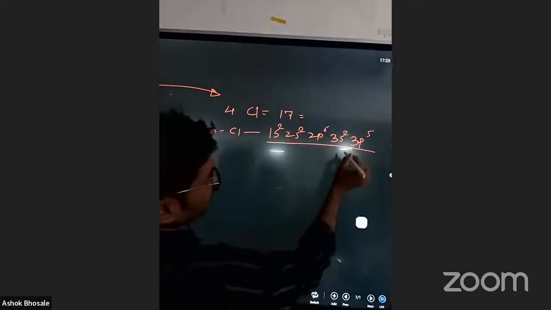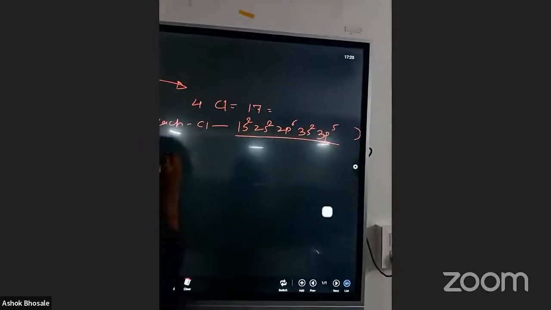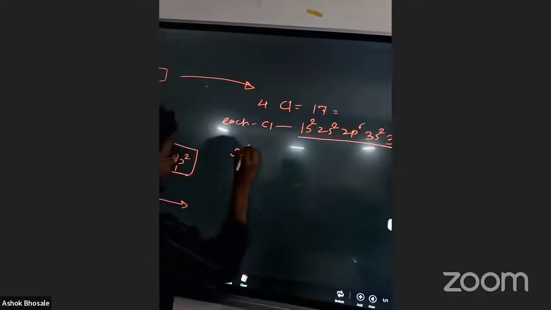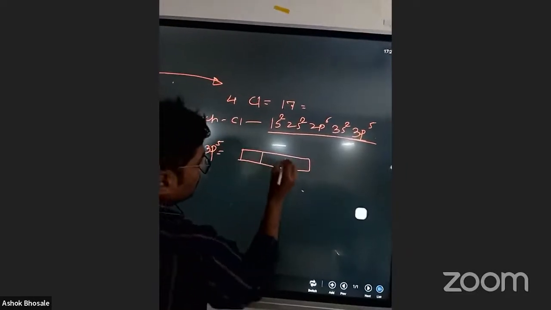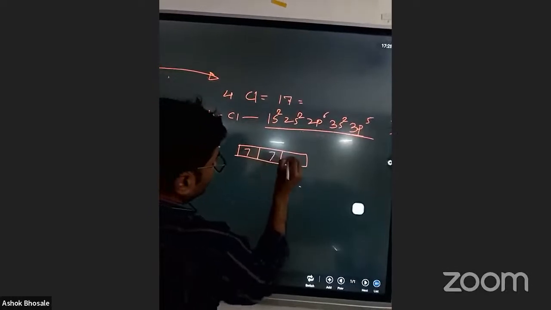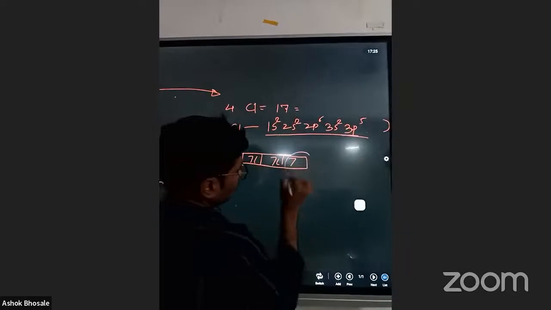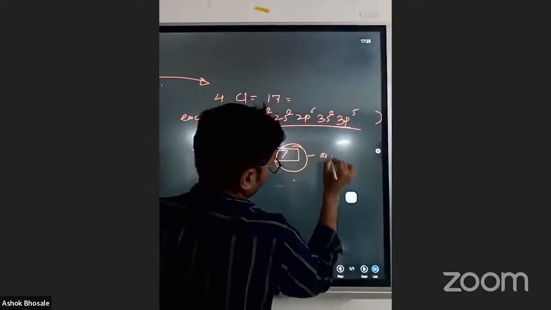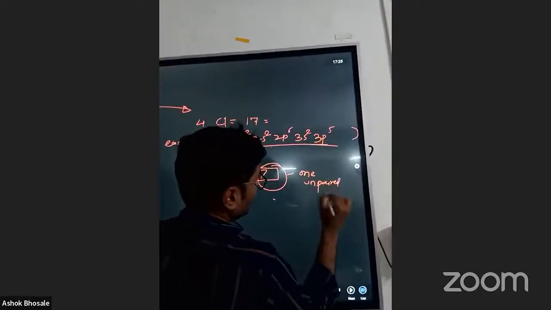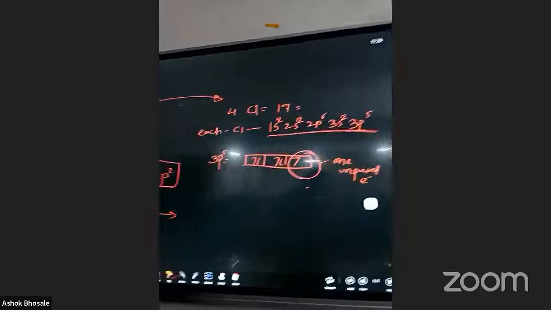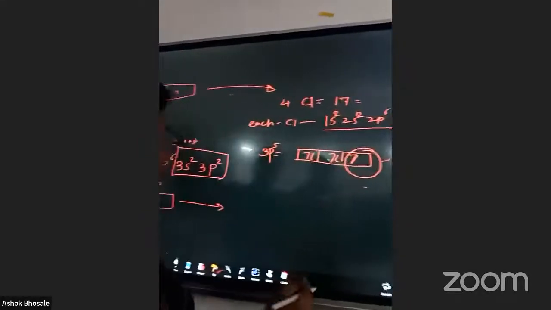Now we consider only the 3p5 orbitals. Only consider the p orbitals here: 1, 2, 3, 4, and 5, having one unpaired electron. This unpaired electron will form a bond with the silicon atom.